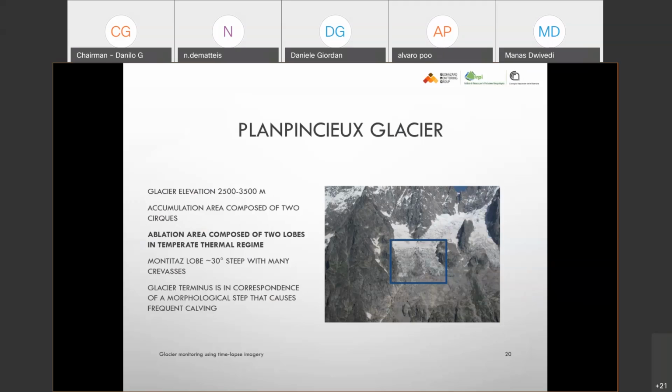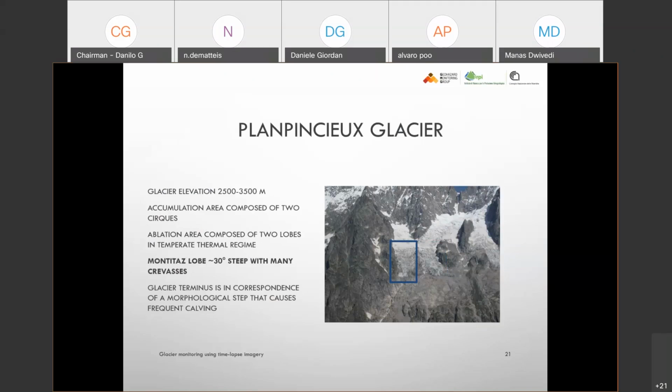What does temperate thermal regime mean? It means that there is presence of liquid water at the interface between bedrock and ice. Most of the glaciers in the Alps are temperate, or at least partially temperate, because the elevations in the European Alps are not so high.